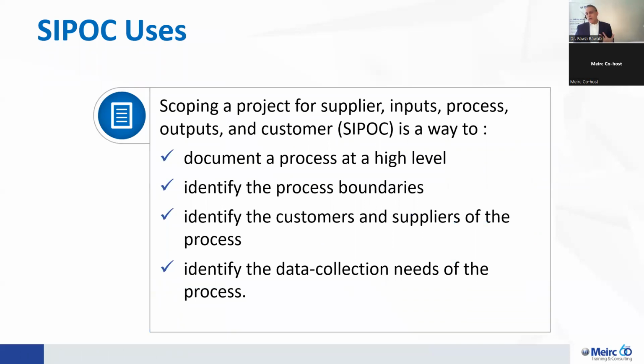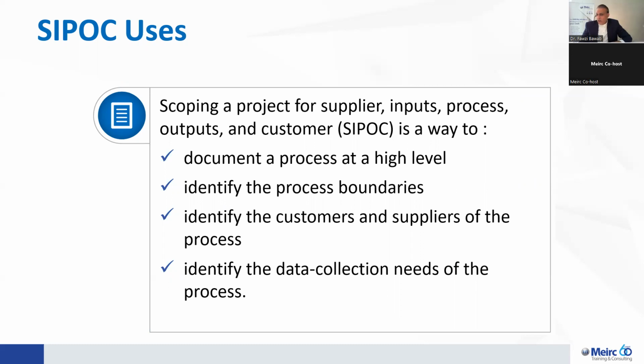So to take this into more detail, let's try to understand the steps. Here are some of the uses that we can use SIPOC for. For example, to provide that high-level view of the process, sometimes called the forest view, the 30,000 feet view of the process, which is very useful, especially when you present to executive management. You can also use it to identify the process boundaries.